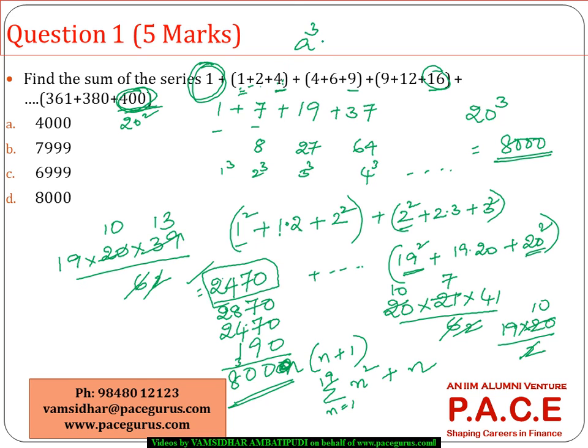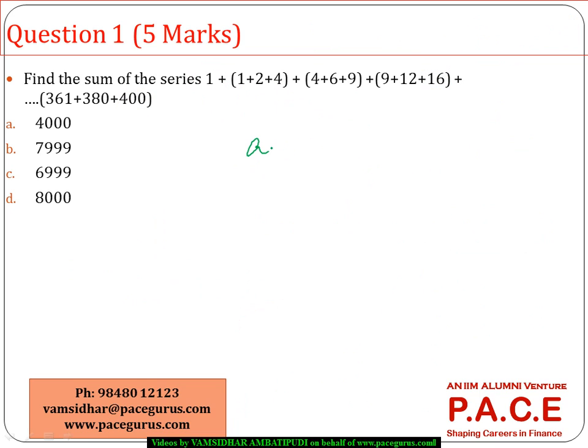Sometimes I could even look at it from the perspective of a cubed minus b cubed is equal to a minus b into a squared plus ab plus b squared. Multiple ways of looking at the same thing. I'm just giving you the various perspectives to it. When I'm saying a cubed minus b cubed, this is nothing but a squared plus ab plus b squared into a minus b.